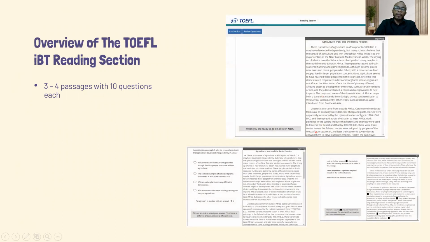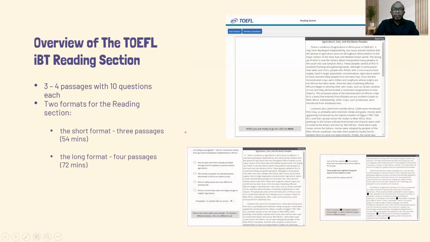And if you remember from our previous lesson about the general characteristics of the sections or the formats, then you will remember, hopefully, that there are around 700 words in the passage, making it pretty long. And from one passage, you'll get 10 questions looking like these 2 examples.